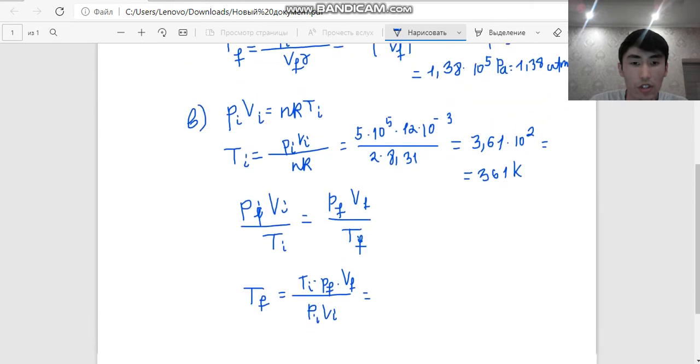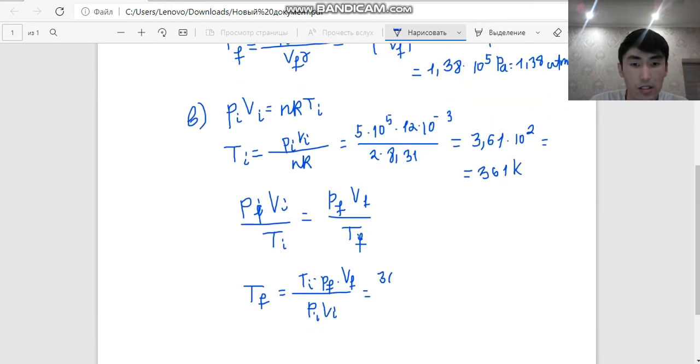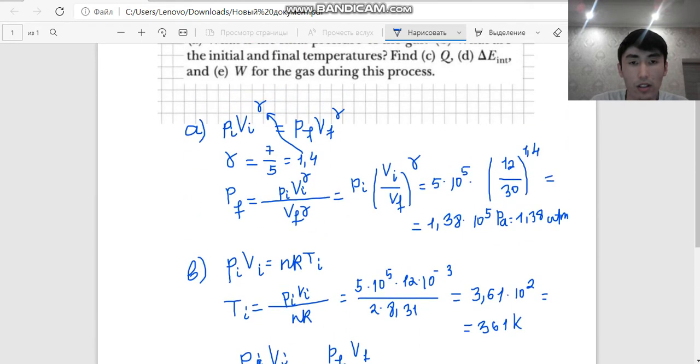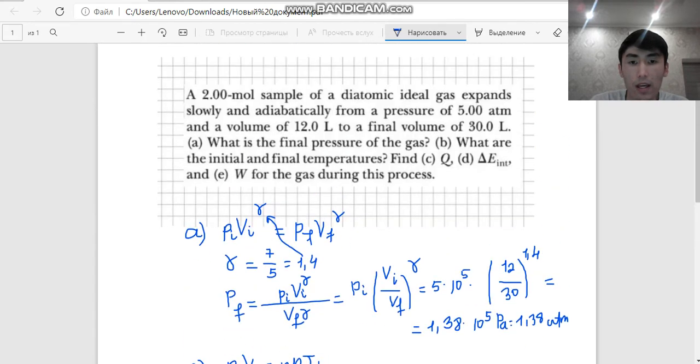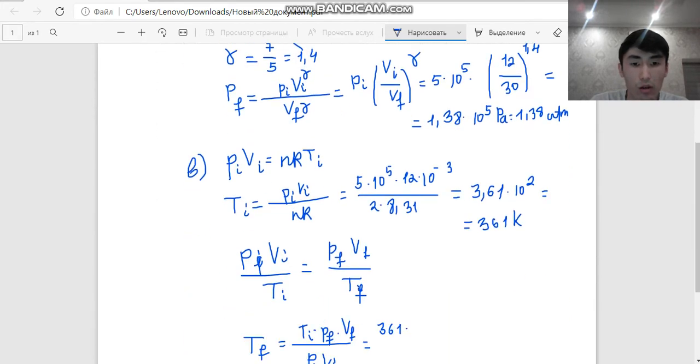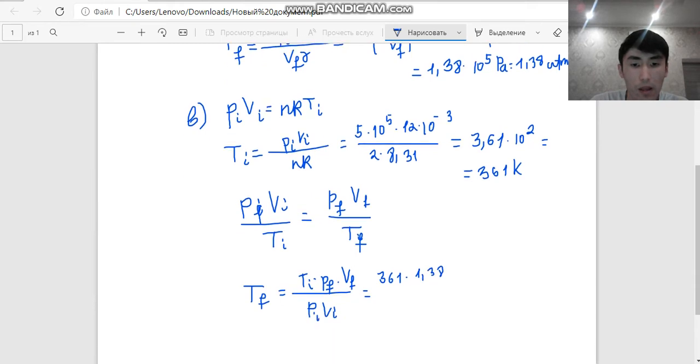So initial temperature equal to 361, times final pressure equal to 1.38 atmospheres. We don't write the 10 to the power of 5 because here it will also cancel.